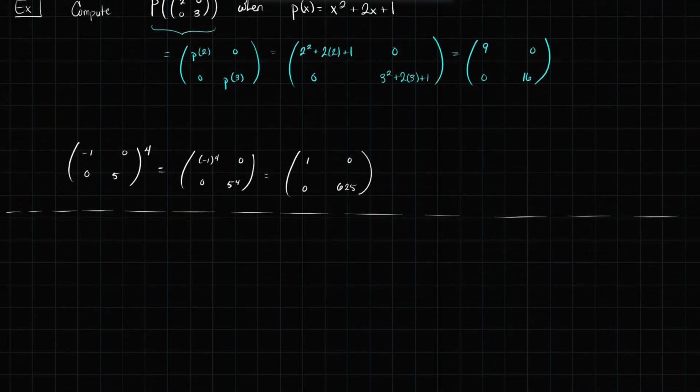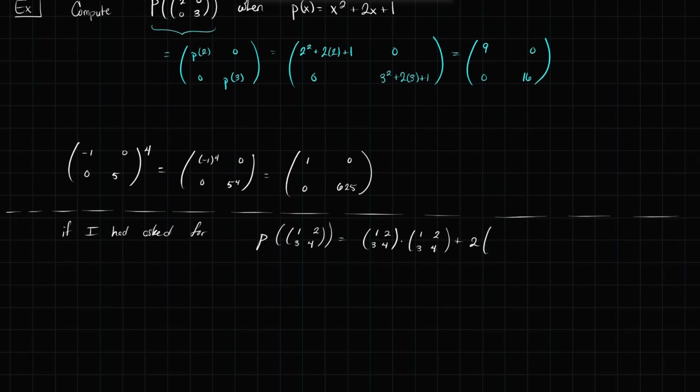You can imagine if I had asked for something like P of 1, 2, 3, 4, which would be 1, 2, 3, 4 squared, in other words, times itself, plus twice 1, 2, 3, 4 plus 1 times the identity, 1, 0, 0, 1.